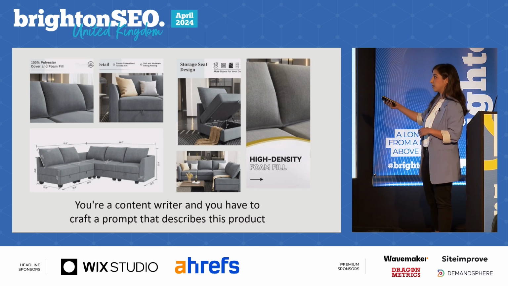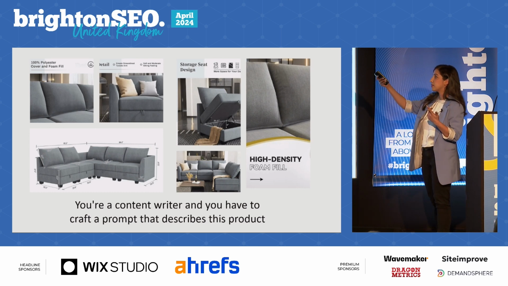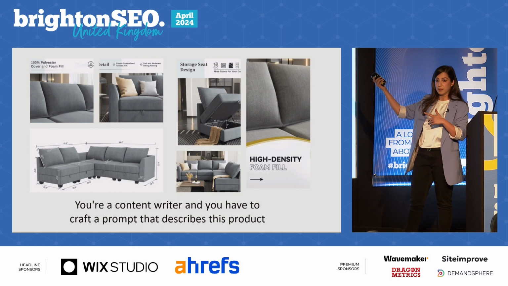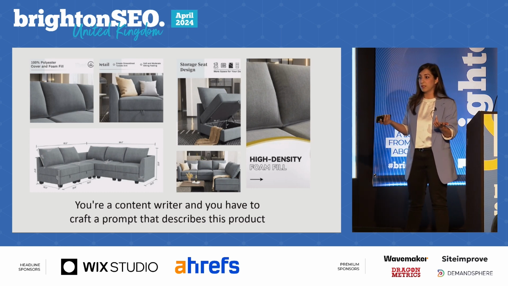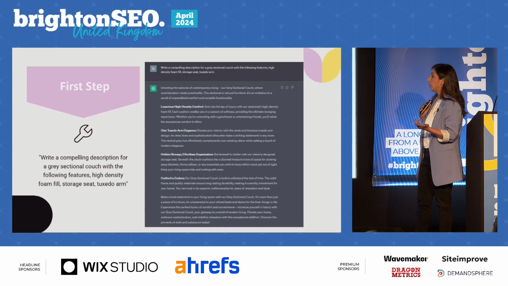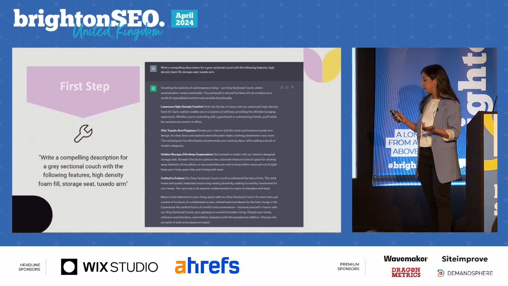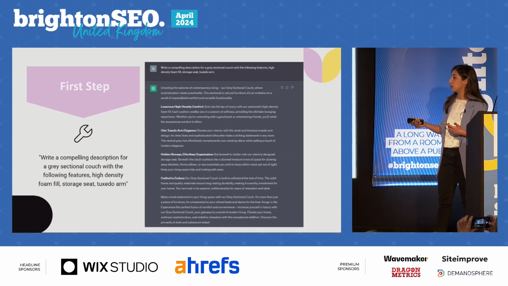The features are listed here. It's high foam density, polyester, and yes, it has storage seating. Does everybody agree? A very basic prompt that we're going to start with. Well, that's exactly what I did. Write a compelling description for a gray sectional couch, following features, so and so. And look at ChatGPT's response. Do you think it's good?